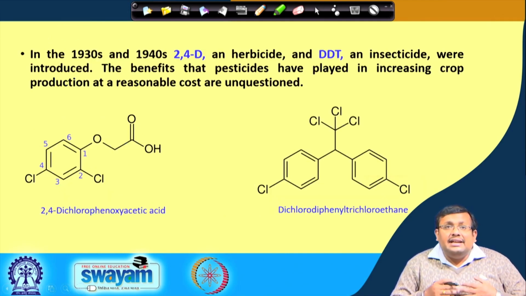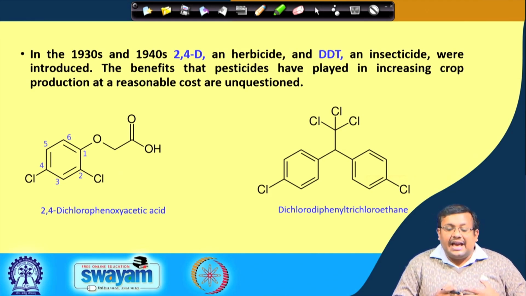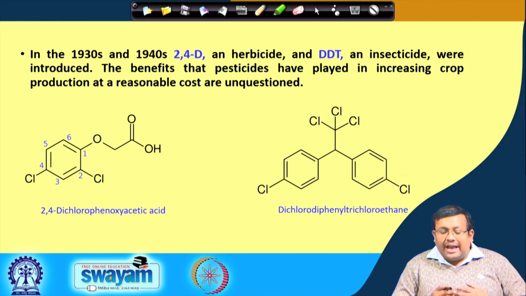Now, in the 1930s and 1940s, 2,4-D, which is the short form of 2,4-dichlorophenoxyacetic acid, and which is basically a herbicide, and another insecticide called DDT, which is the short form of dichlorodiphenyltrichloroethane.